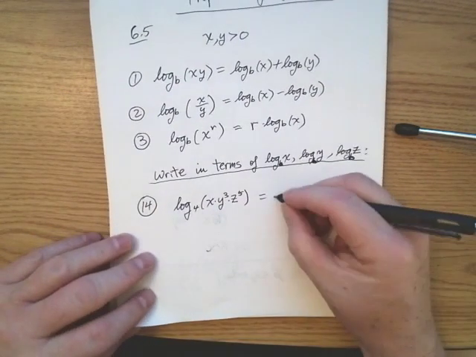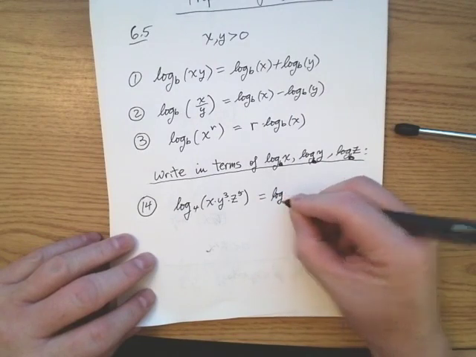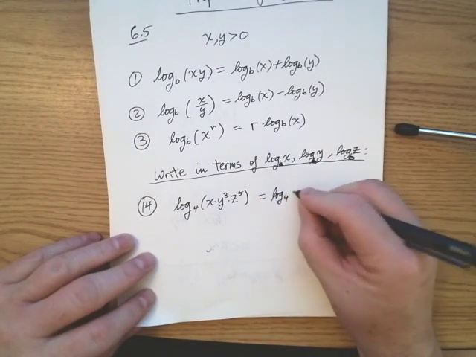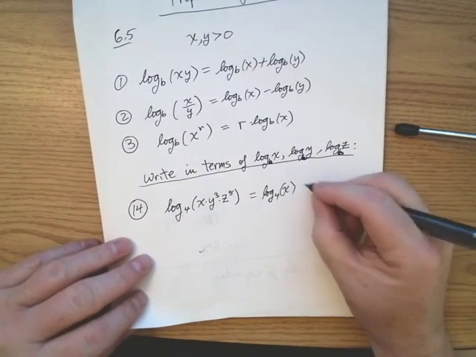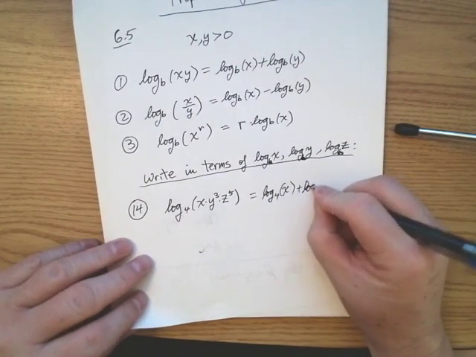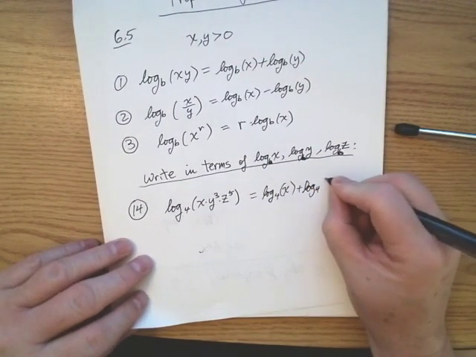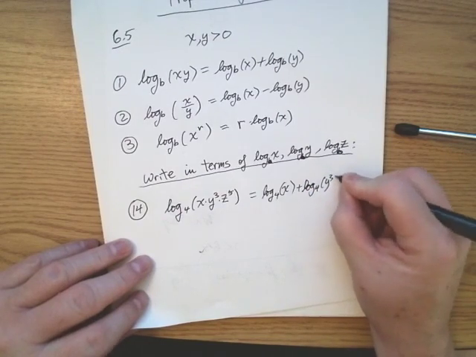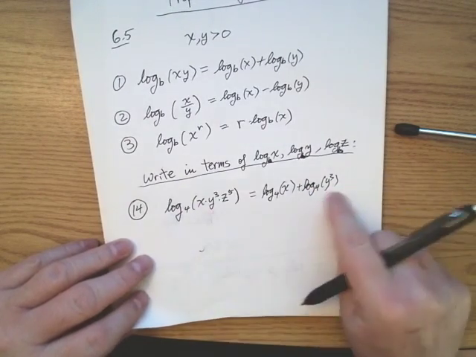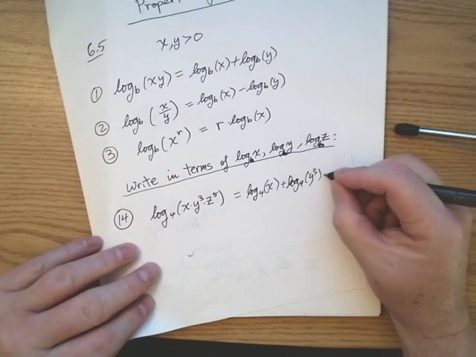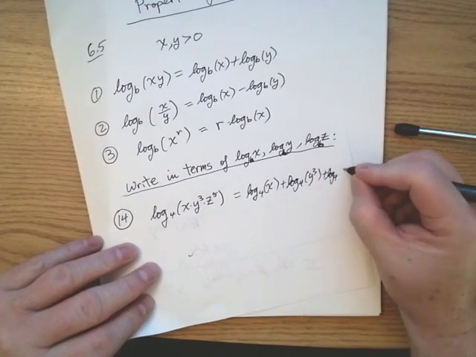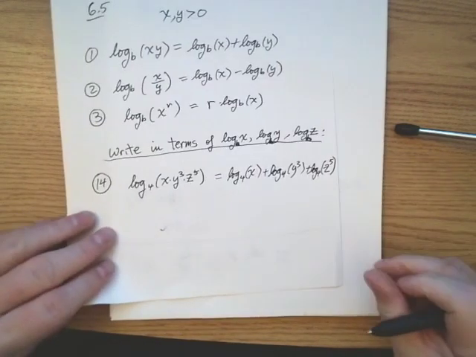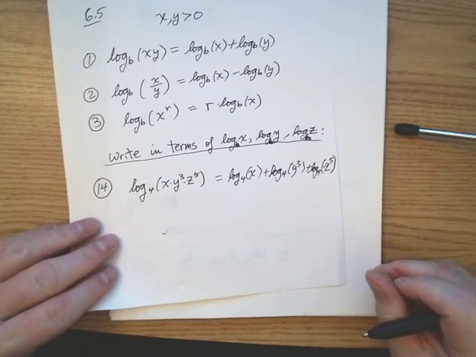So what I'm going to do here, this is the logarithm base 4 of x, and because that's times, this becomes the logarithm base 4 of the next factor in this product on the inside, that's y cubed, and then plus the logarithm base 4 of z to the fifth power. I guess I can squeeze that in there like that. Okay, does that make sense?